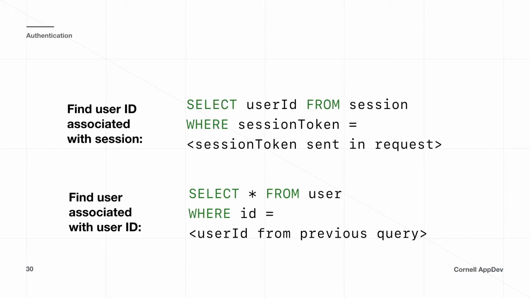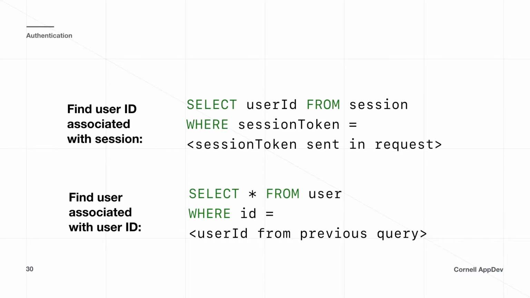So say that your client will give you your session token. How exactly, on the server side, will we make sure that it's a valid session token? First, you would select some sort of user ID from your sessions where you have the session token equal to the one that the user sent.